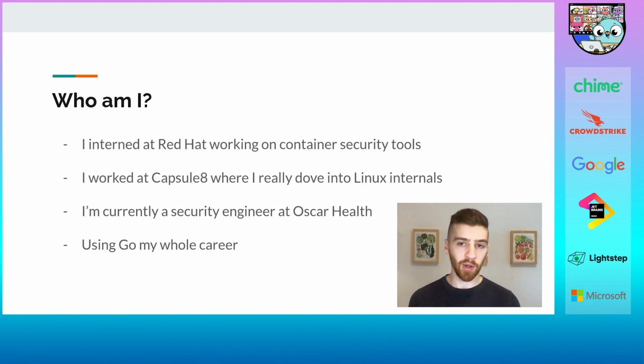Now I work at a company called Oscar Health. We're a health insurance company where I work as a security engineer. I develop systems to protect our infrastructure, our networks, our workstations, our member data, all of the above. And through all this time, almost 6 years now, I've been writing production Go code, so I could genuinely say that I've been using Go for my whole career.